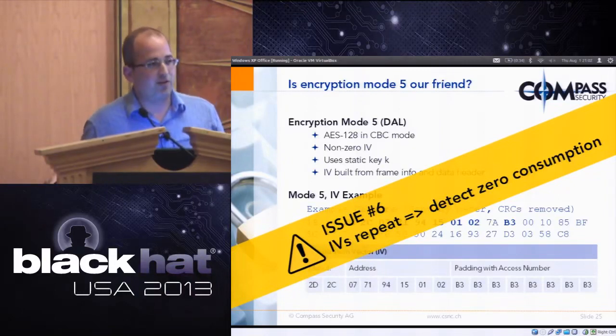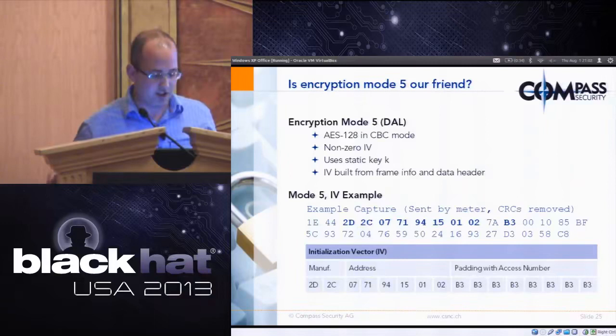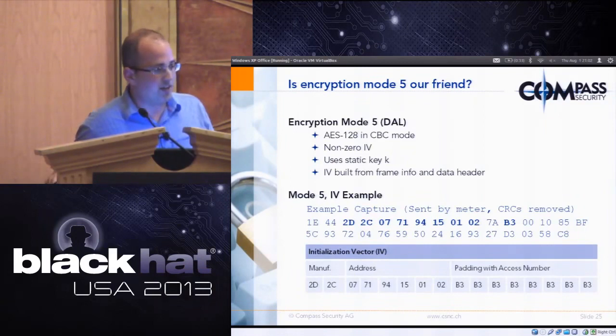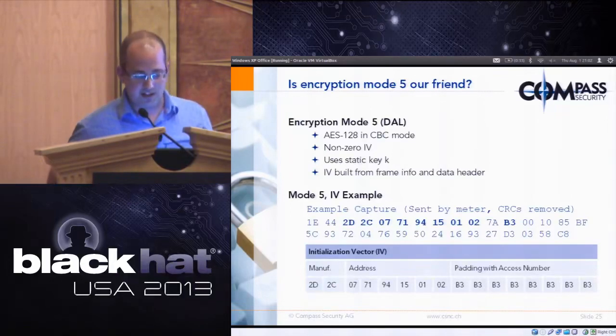Then you have to wait for 255 packets, and then you know whether energy was consumed or not, because it will then be the same IV, because the IV is constructed from the initial vector, the manufacturer, the address, and the access number. And the access number basically rolls over after 255. So be a bit patient and you will get to your result.